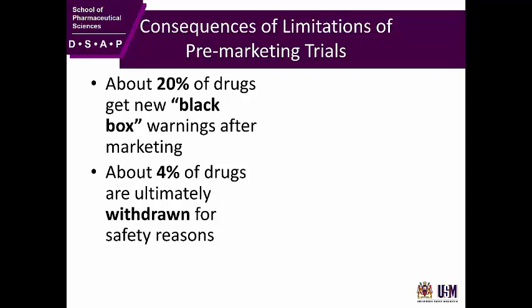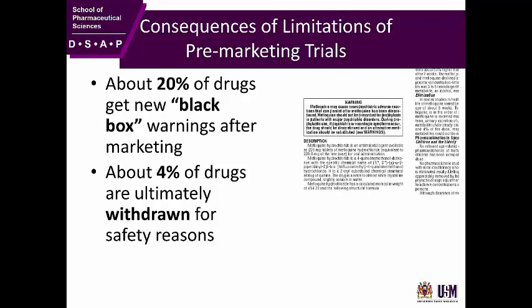We have drugs which, even though they have passed through the animal trials and the 3 phases of clinical trials, and were proven to be safe and effective at that point and then used by the public, we found that even now 20% of those drugs actually get a new black box warning after being marketed. It means that this is new safety information which was not found earlier during the pre-marketing trials.